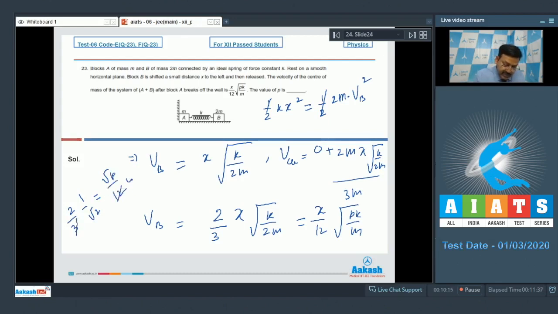So this cancels, we get 4 or 8. So root p is coming out to be then equal to 8 by root 2 or 4 root 2, and if we square both sides we have value of p coming as 32. So that means for question 23 the answer is 32, the value of p is 32. It's time now to look at the next problem.